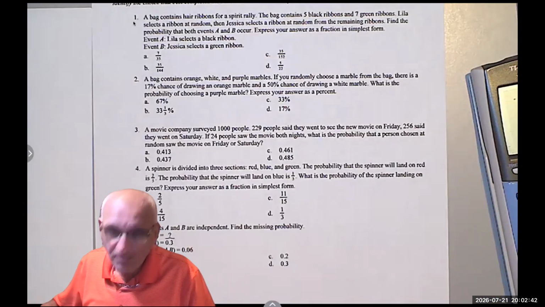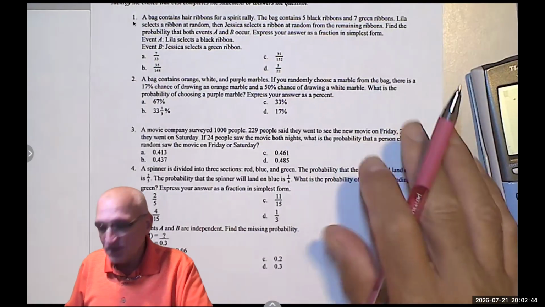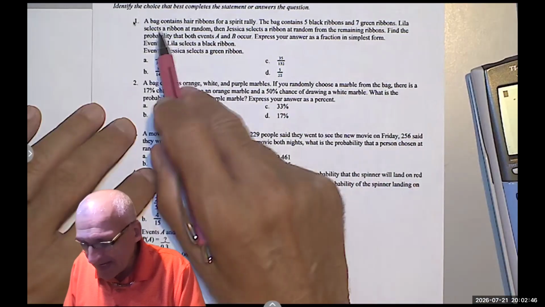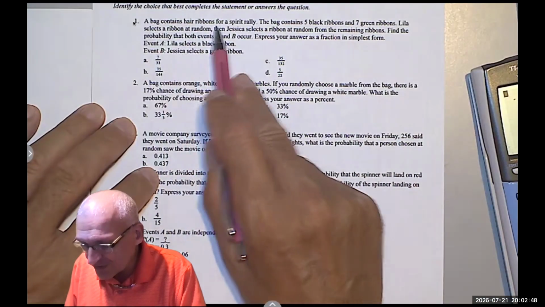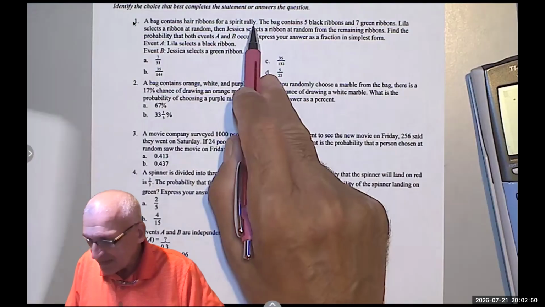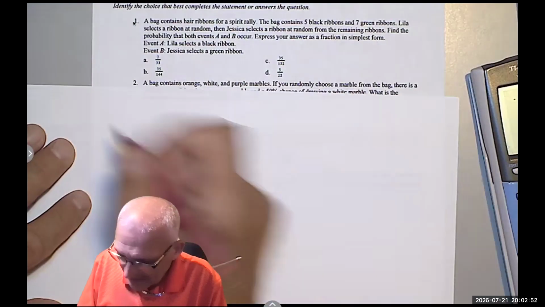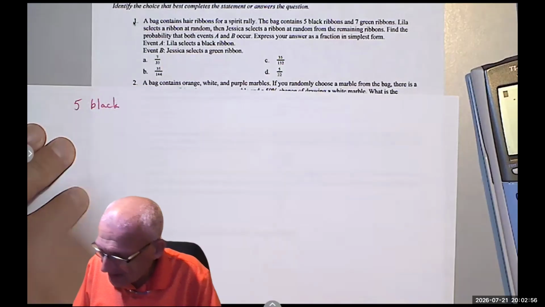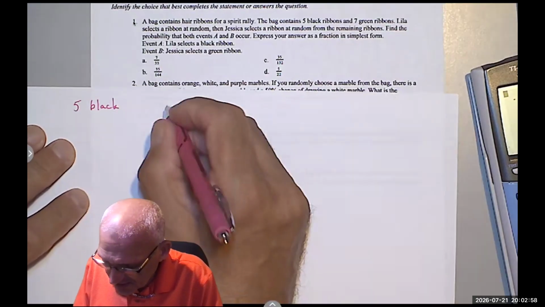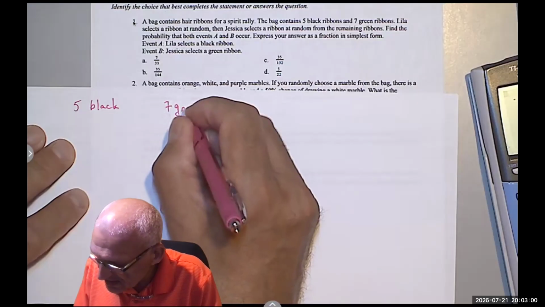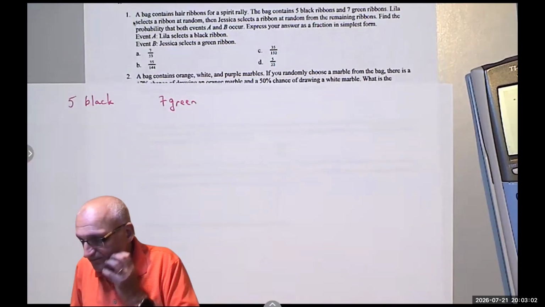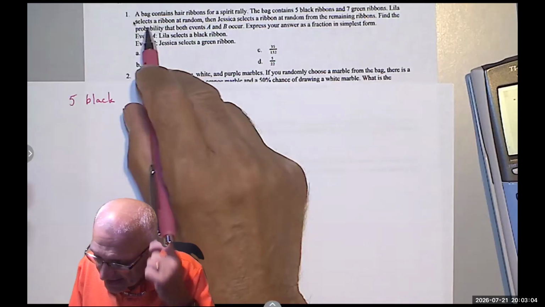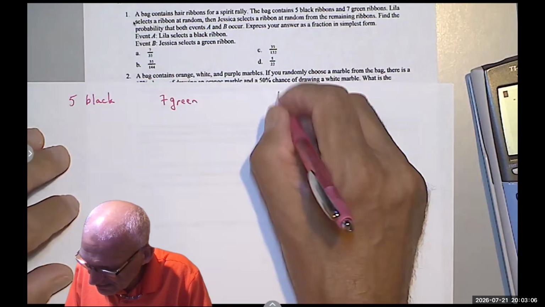If we look at problem number one, I'm going to read it if it's not clear on the screen. It says a bag contains hair ribbons for a spirit rally. The bag contains 5 black ribbons and 7 green ribbons. Just that, right? 7 and 5. Lila selects a ribbon at random.